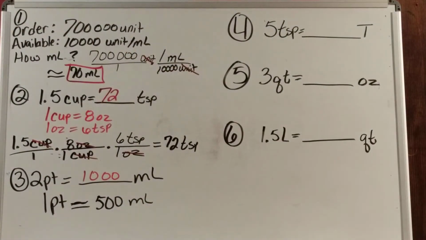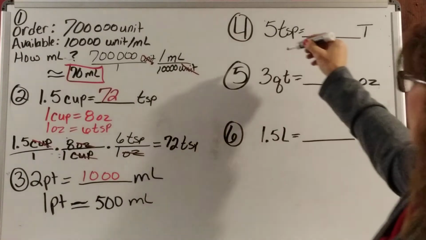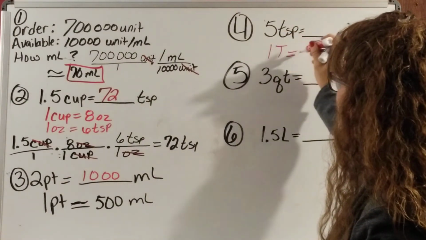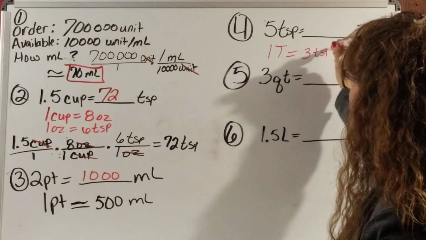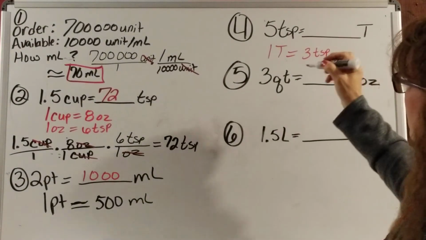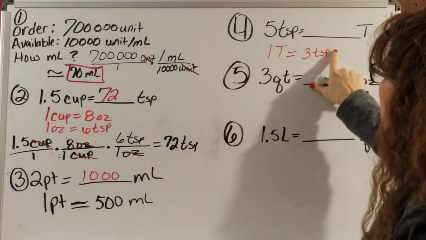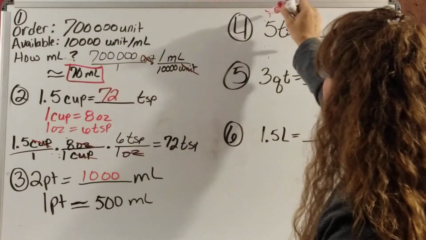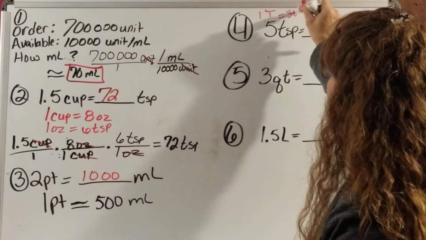So number 4 says that I have 5 teaspoons, and I want to know how many tablespoons that is. I know for every 1 tablespoon, that's 3 teaspoons. So if I was to set this up correctly, that means my conversion for this would be, let me just make some more room right here. Let's put this 1 tablespoon is equal to 3 t here.